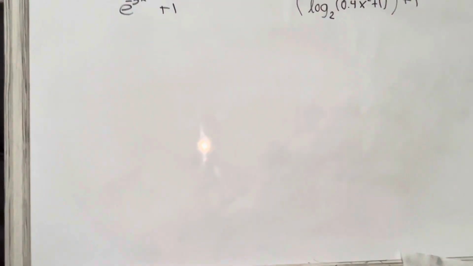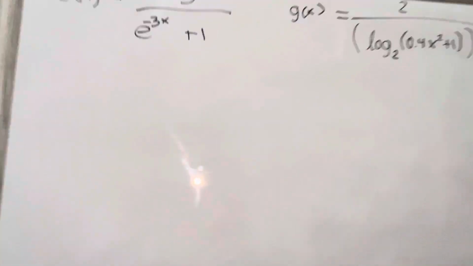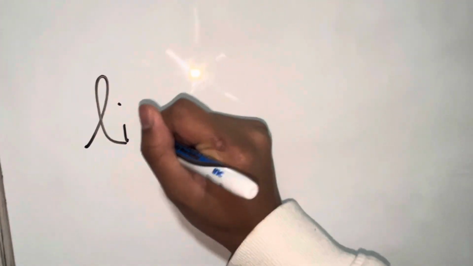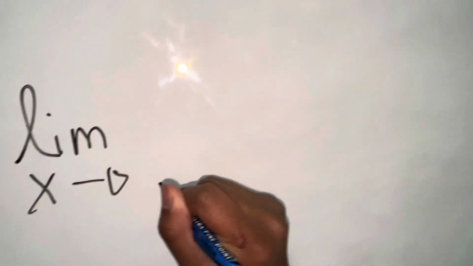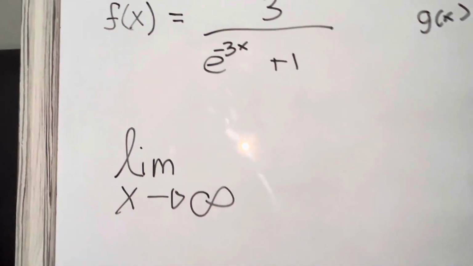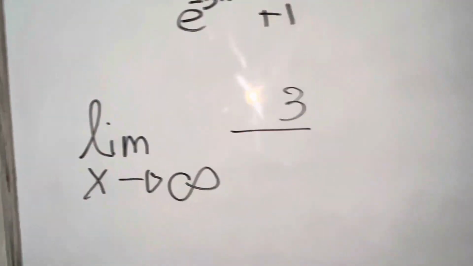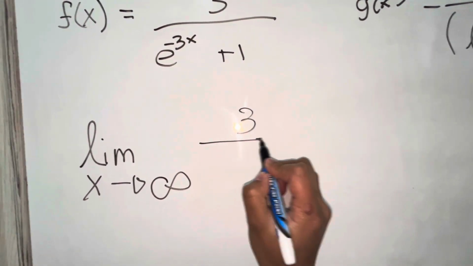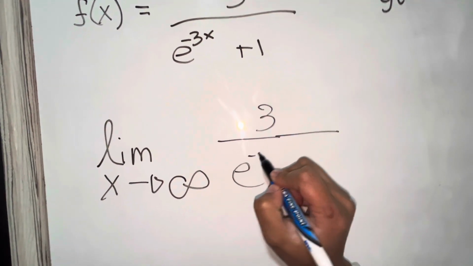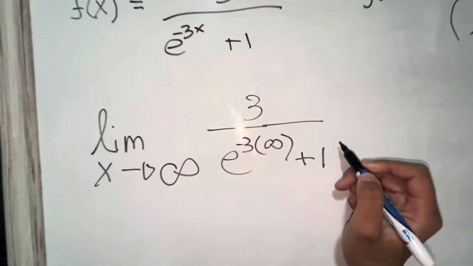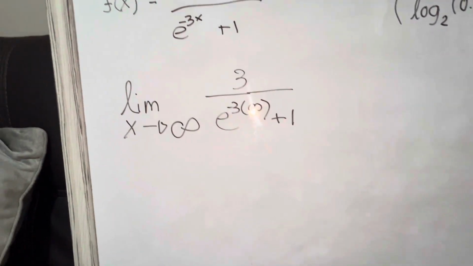So if it's increasing without bound, we will write it as. So this shows that x is increasing without bound, and put as over, we'll put positive infinity as our input.